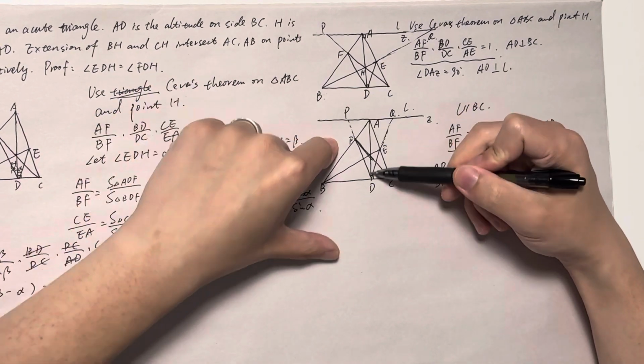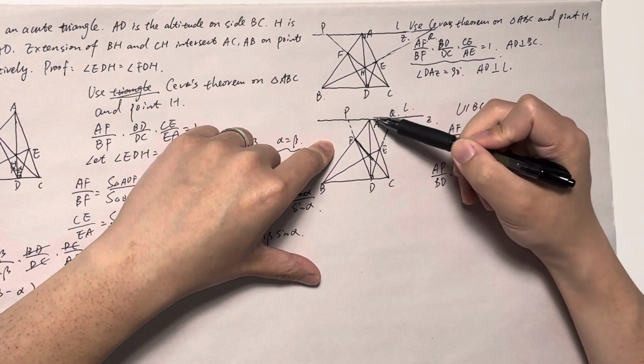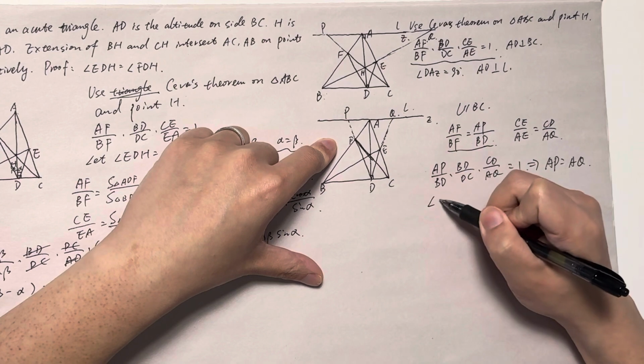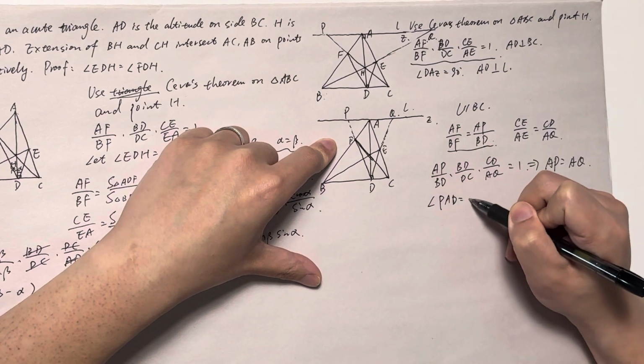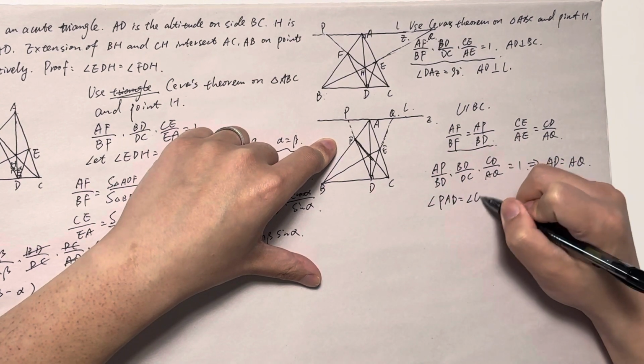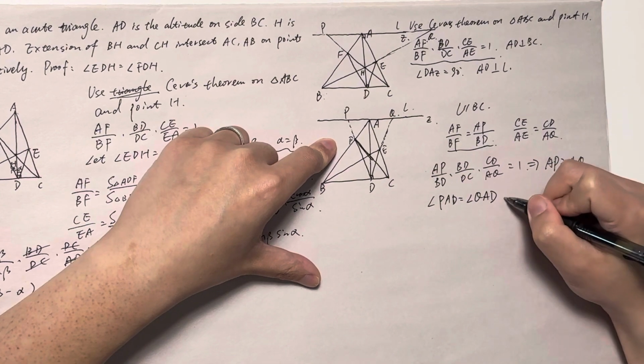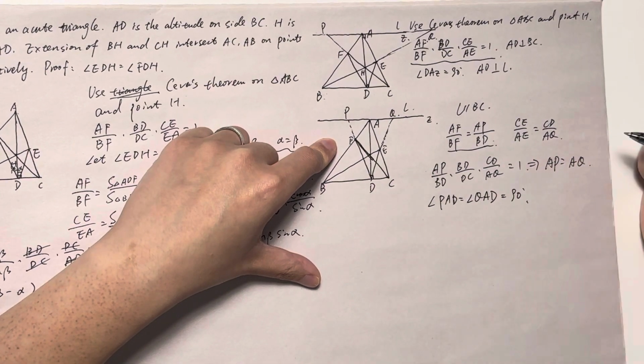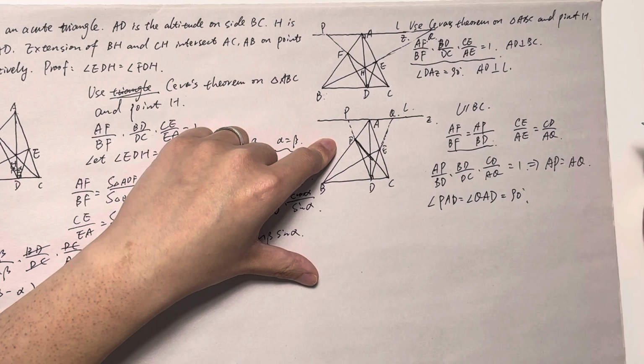Because AD equals AD, AP equals AQ, and angle PAD equals angle QAD equals 90 degrees, right?